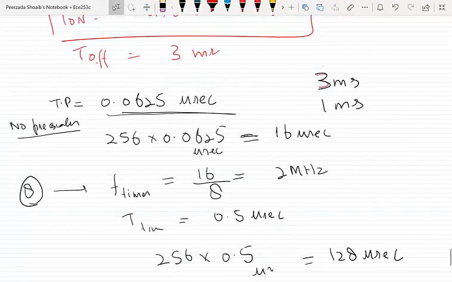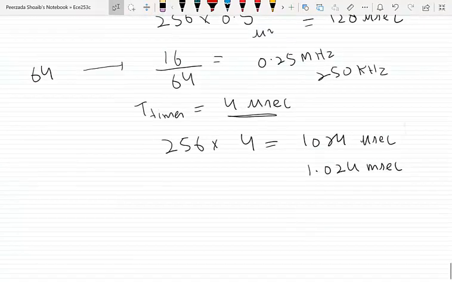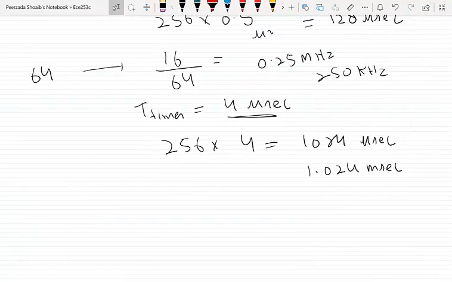Again, since I need 3 millisecond time delay, I won't be able to generate it using a prescaler of 64.